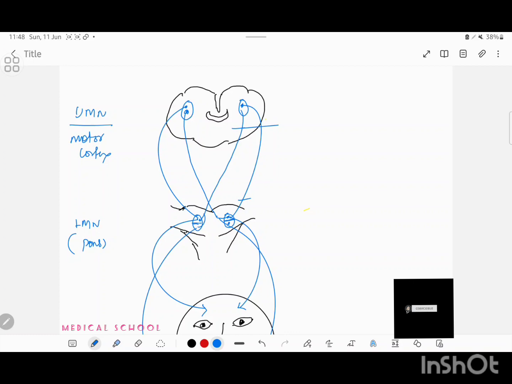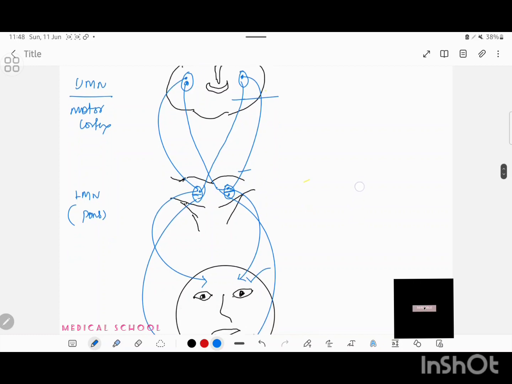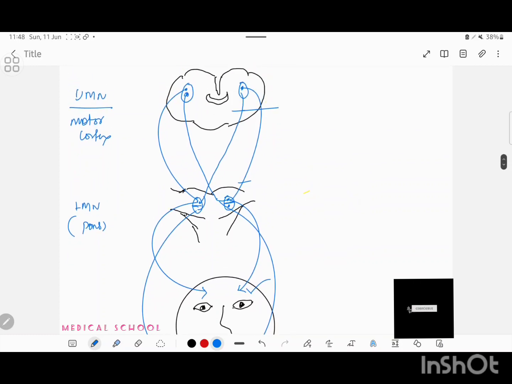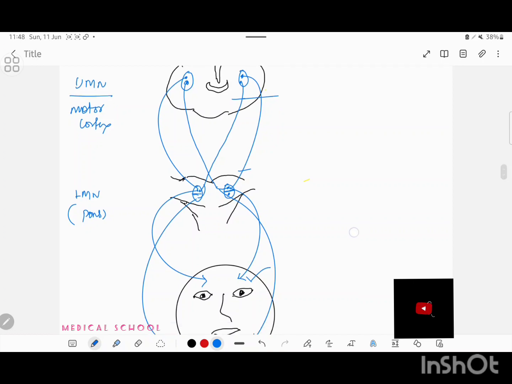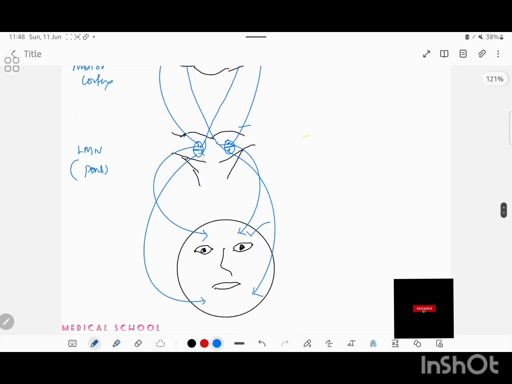So the upper half of the lower motor neuron has a dual supply, from both sides of the UMN. So this part is spared, so this will be intact. But this contralateral UMN also supplies the upper half of the contralateral LMN and the lower half. So this nerve supply is also affected. So this will affect this part. So the lower part is affected.